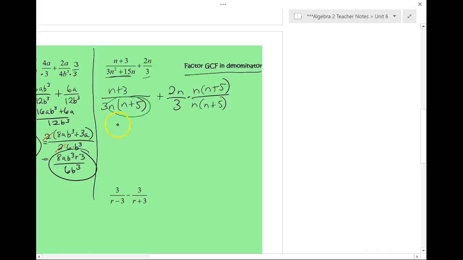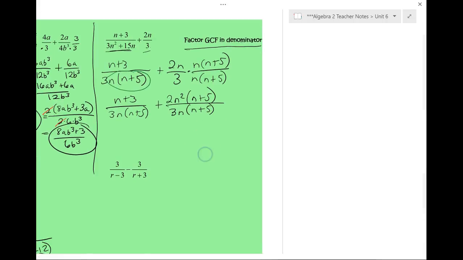Okay, so now let's rewrite it. I have n plus 3 over here, 3n times n plus 5 over here, and then on the right I'm going to have 2n squared times n plus 5, and then I will have on the bottom the 3n times n plus 5.